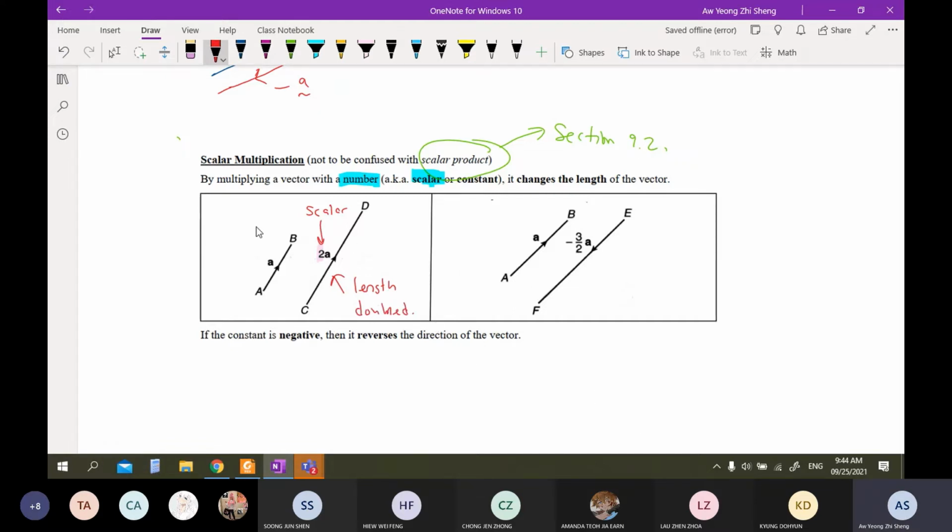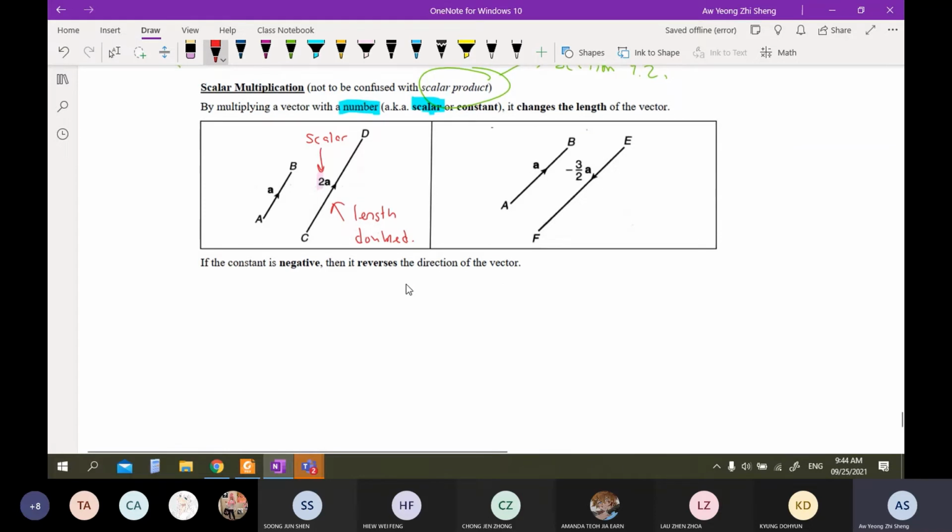If you have a fractional coefficient, for example, if this is my vector B and this is half B, then it actually shortens it. So this length is half.